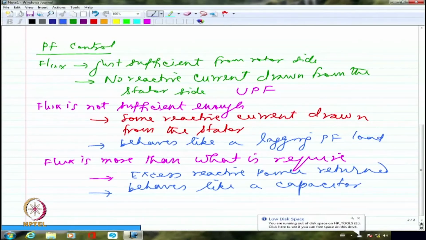So you can imagine, if this is my voltage, I'm just showing this in the form of a phasor diagram. I'm going to have the induction motor current probably somewhere here if it is loaded. So this is going to be the power factor of the induction motor. So this is the current of the induction motor.